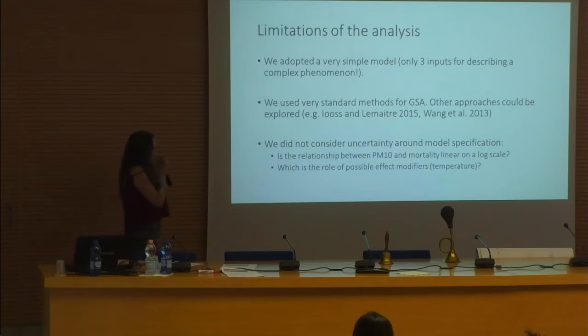Finally, and most important, I did not consider uncertainty about the specification of my model. For example, is the relationship between PM10 and mortality linear on a log scale, as I assume? What is the role of possible effect modifiers in this model?